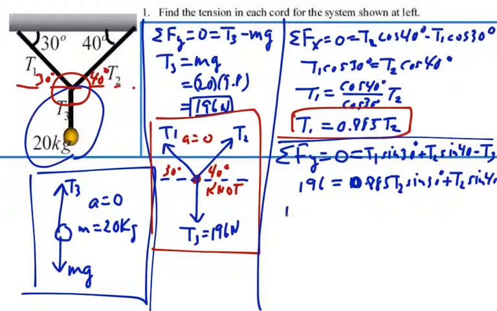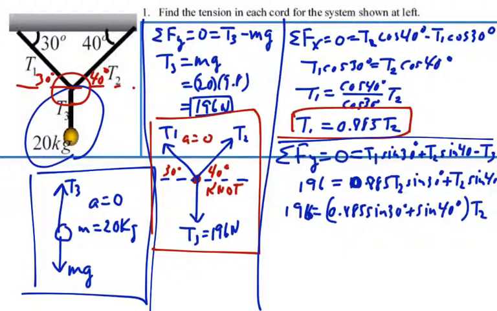So I have 196 is equal to 0.885 sine 30 plus sine 40, all this times tension 2.